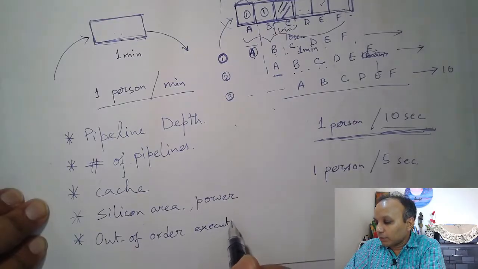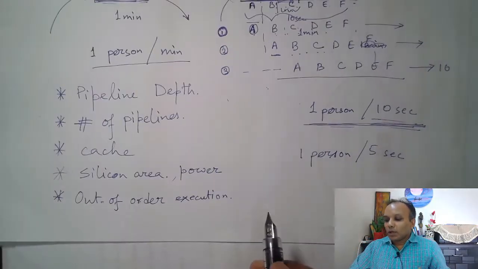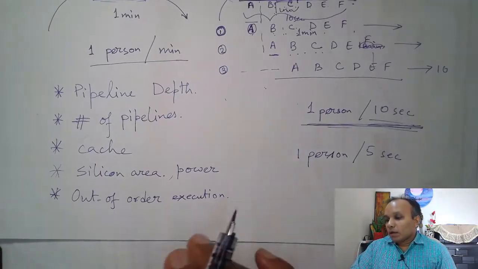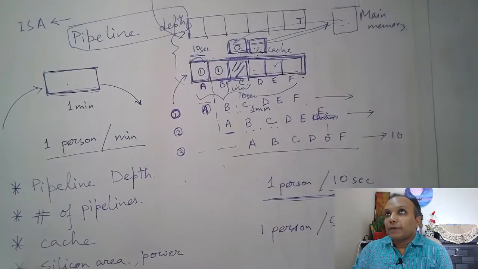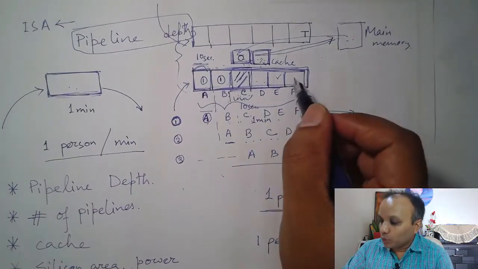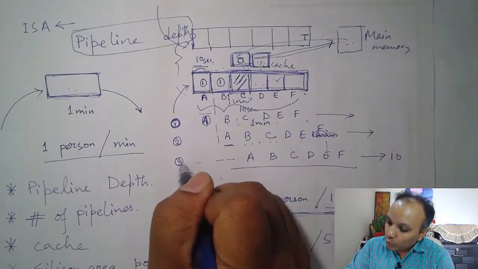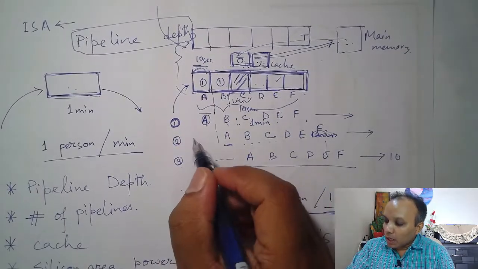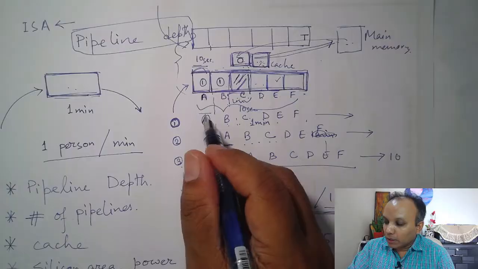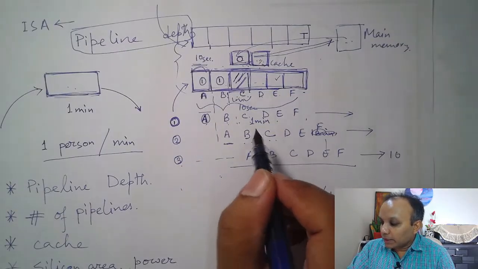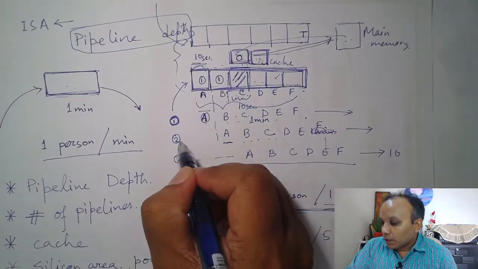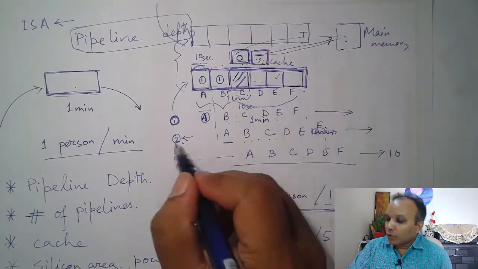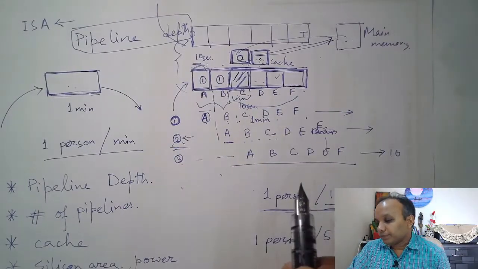Now, what do we mean by that? So I can define a protocol where everybody needs to go in the same queue. Now, it might happen that, let us say in this case, the customer or this guy is not interested in taking roti.